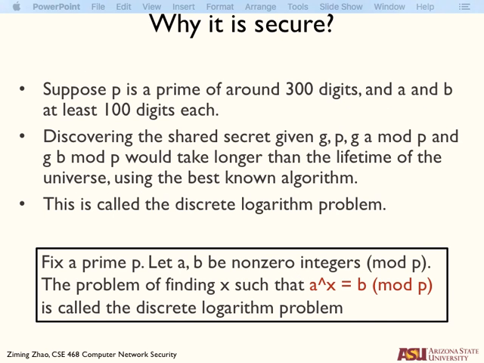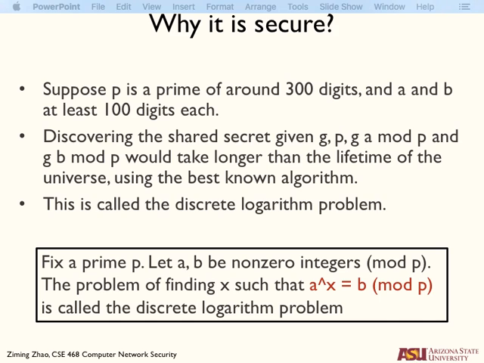And the fundamental reason for this is that there is a mathematical problem that is hard to solve. So far, no one has been able to find a fast algorithm to solve this problem. And this problem is called the discrete logarithm problem.